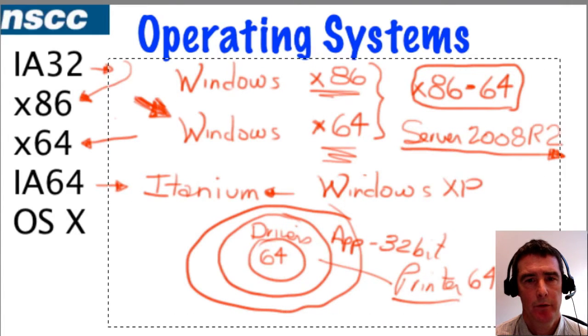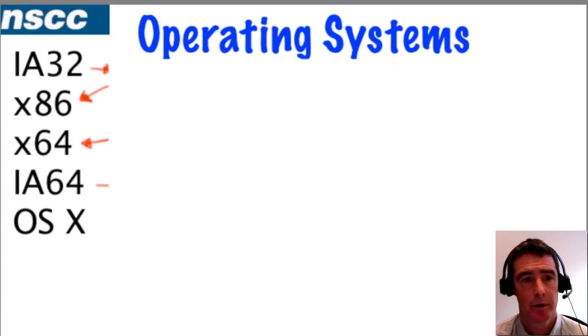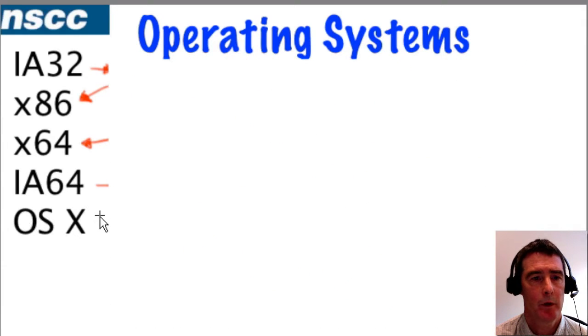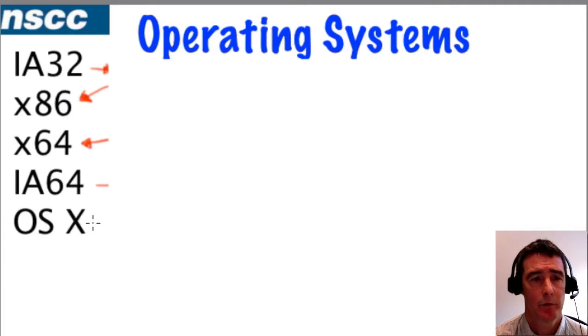On the OS X side, they've made it a little easier. The OS X side had 2 CPUs that they were supporting, so this was a little different.